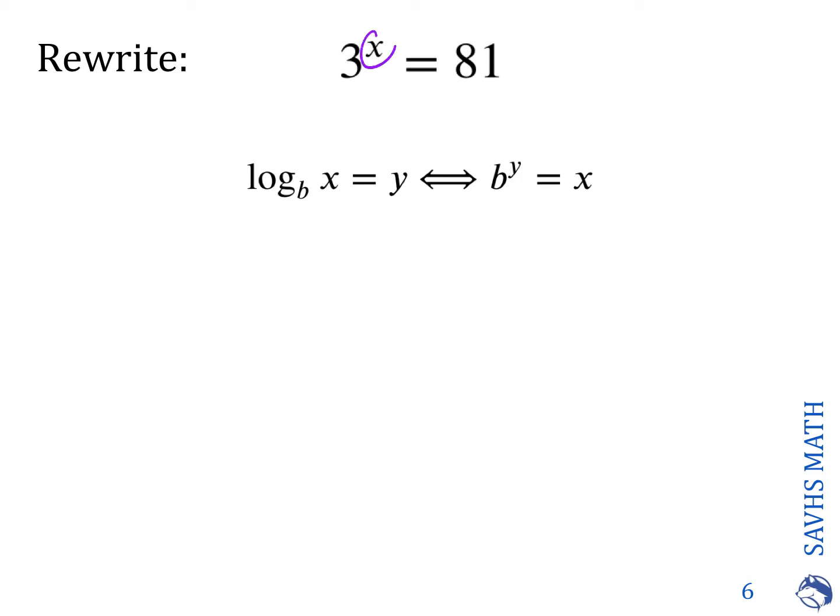Our x is this number right here, and it's going to go here. Our 3 is this number, and it's going to go here. And then our 81 is our x number, and that one is going to go here.